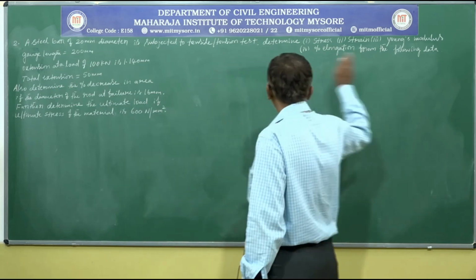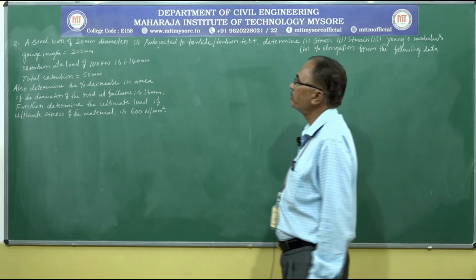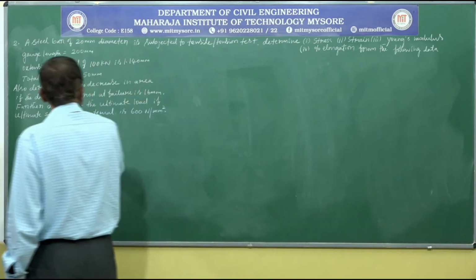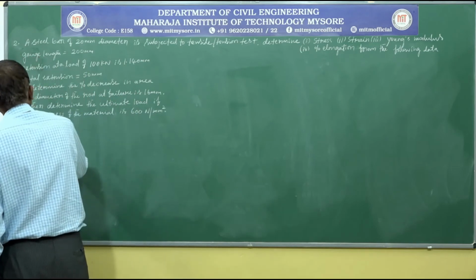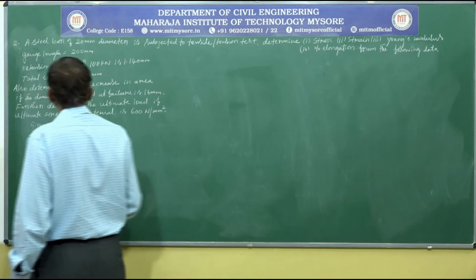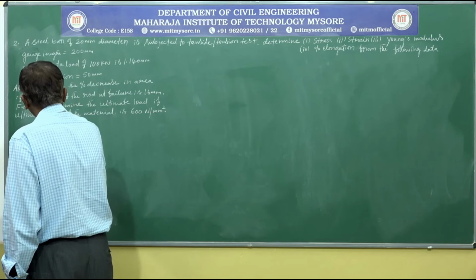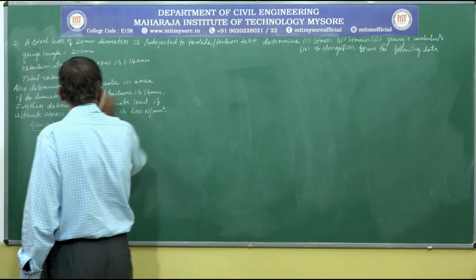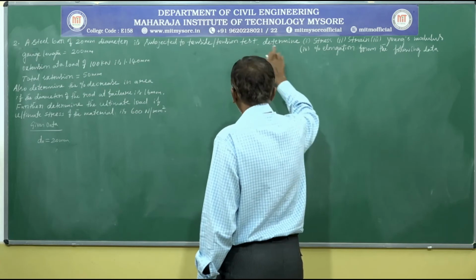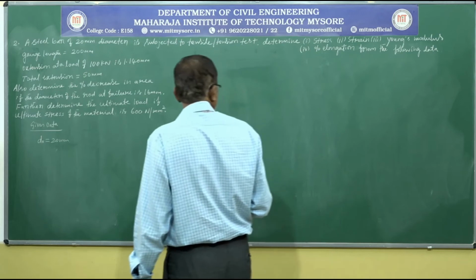Let us understand the problem first, then we can write the given data and solve the problem. A steel bar of 20 millimeter diameter, D naught is equal to 20 millimeter, is subjected to a tension test. We are asked to determine stress, strain, Young's modulus and percentage of elongation.